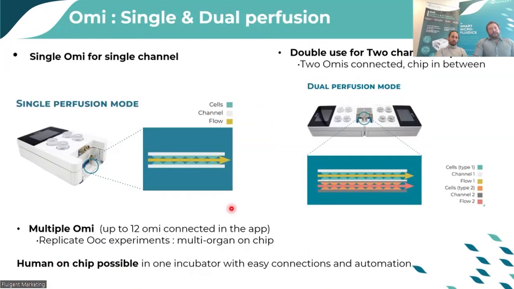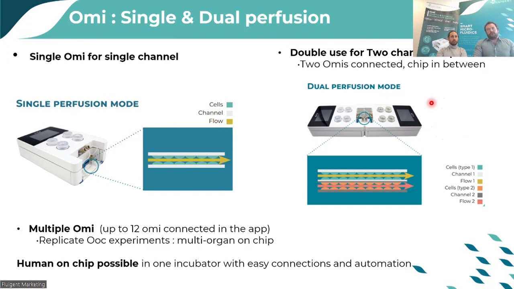There are two ways you can use your OMI. One is standalone. If you have a chip with just one inlet, one outlet, and one channel, you can perfuse through this one channel, but you can also couple two OMIs together, so they will be totally synchronized.